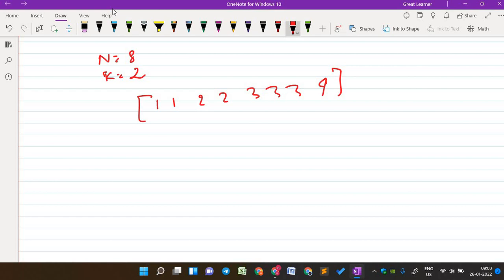For finding frequency, the best way, with extra space, is using an unordered map in C++. This is a tool to solve problems of the hashing type.